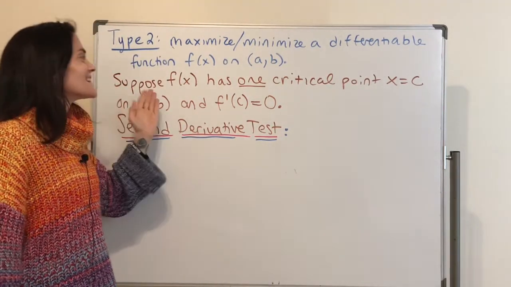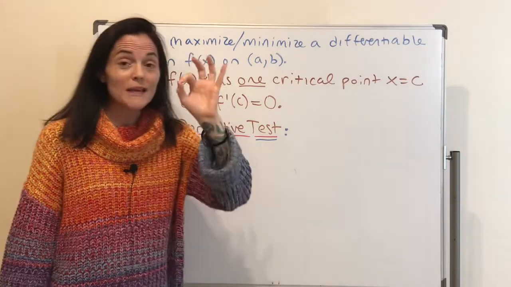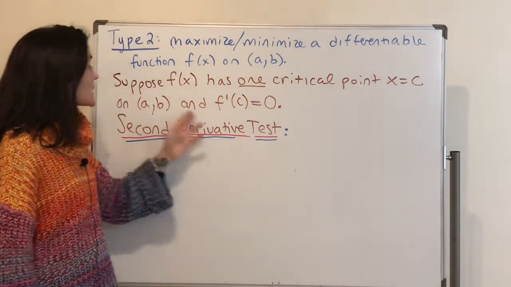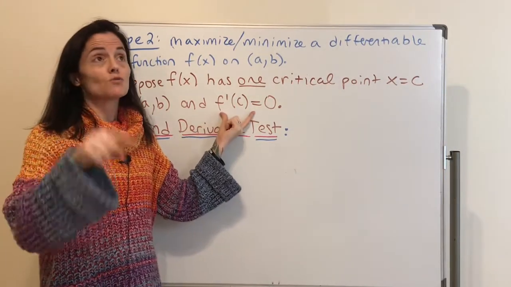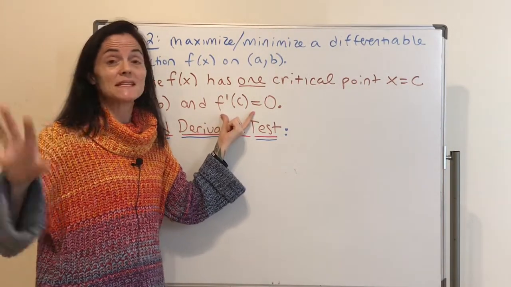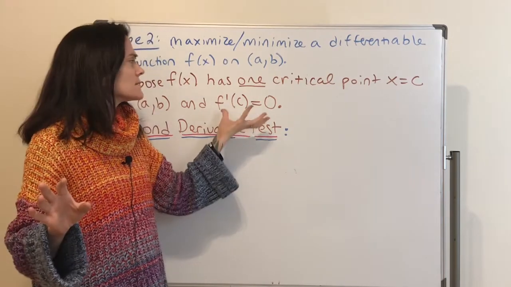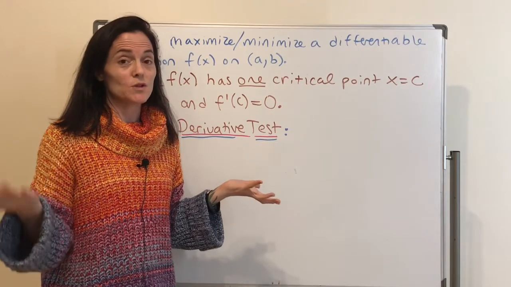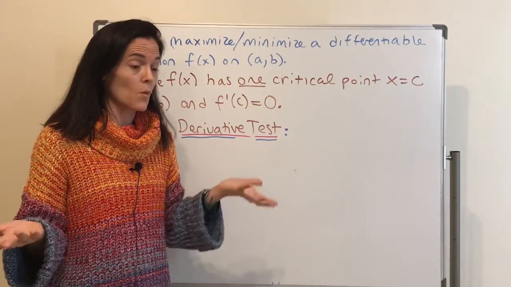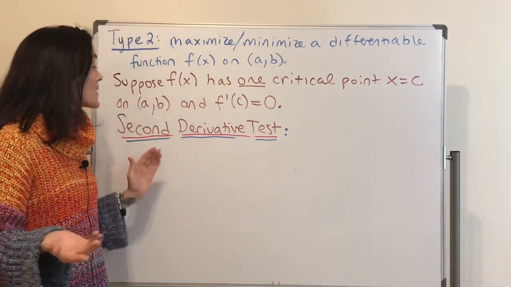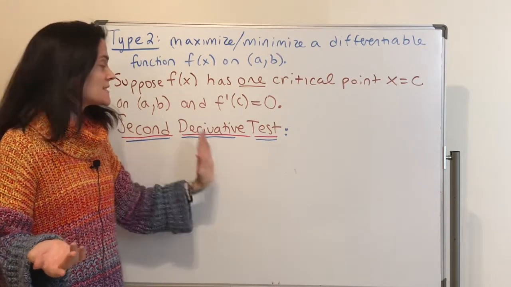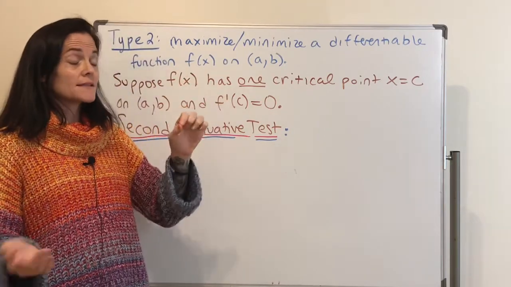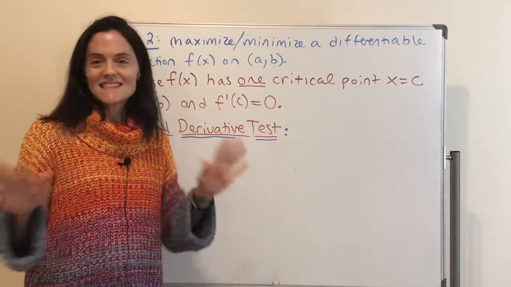So we are still in the case where f has only one critical point, x equals c, but I need a little bit more here. I need the derivative f prime of c to be 0. So what I'm about to say doesn't apply in the case where the derivative does not exist at that one critical point. What we will discuss is called the second derivative test, although just like the first derivative test, I don't memorize the statement.